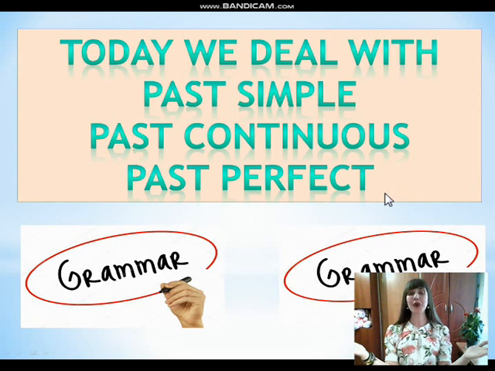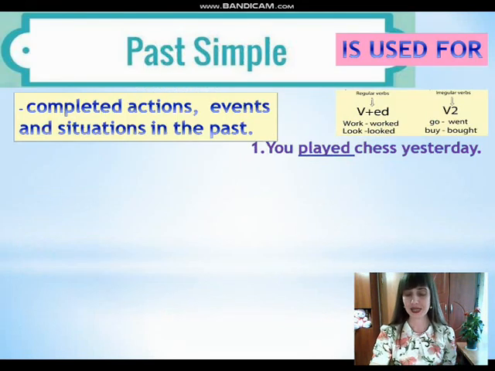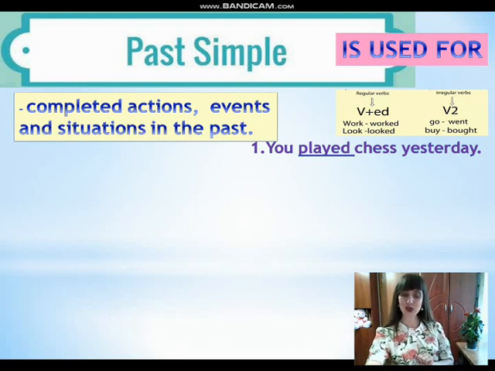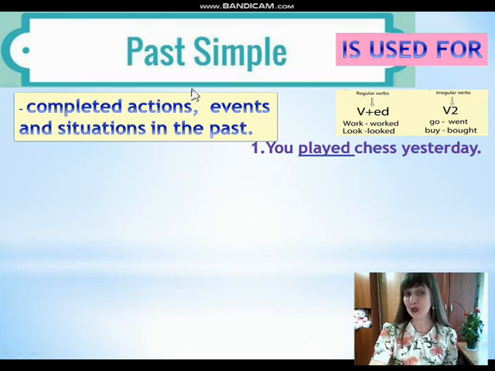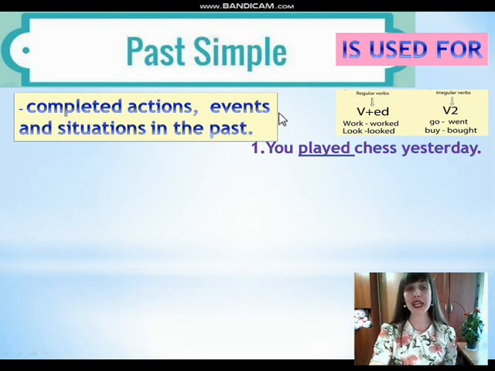Let's start our investigations, and the first element that we need is the past simple tense. What is it used for? It is used for completed actions, events, and situations in the past.